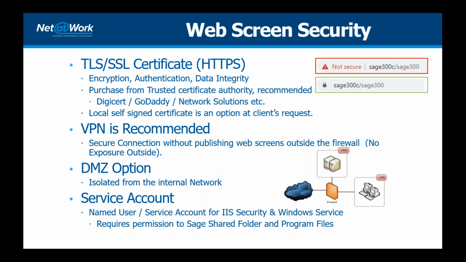Users would access the web screens directly over the VPN. So this is an additional level of security that is recommended, especially if you have an existing VPN already in place. I do want to point out with a VPN, the certificate is still required to secure the website, and then the VPN is that added level of security.